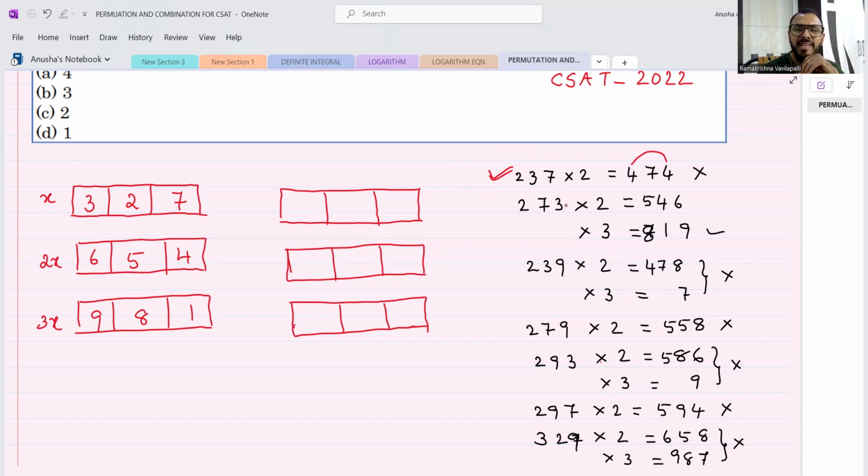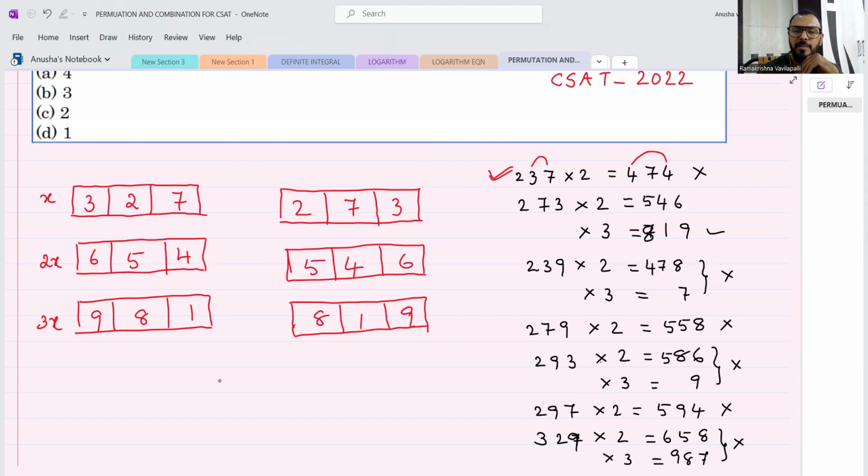Now 273. I have interchanged these two. 273 into 2 is 546, and into 3 is 819.